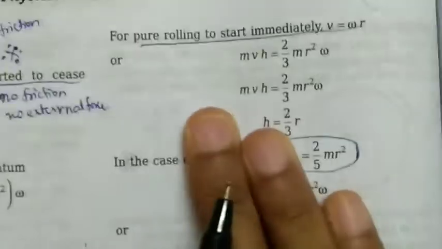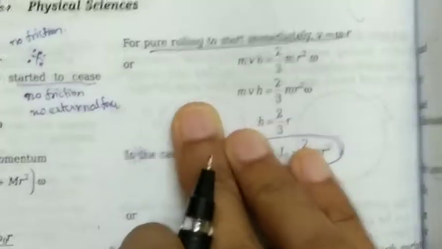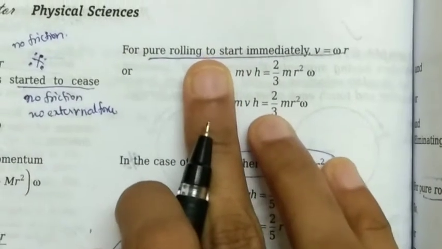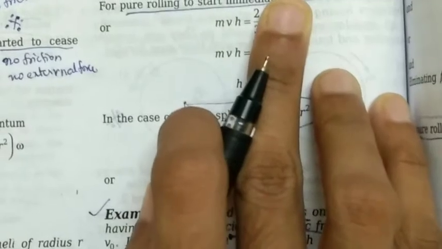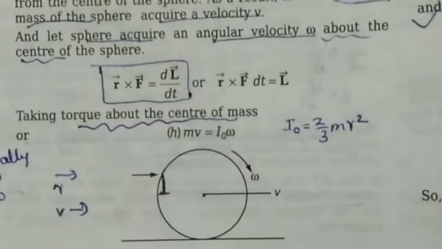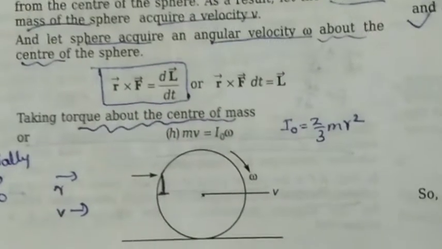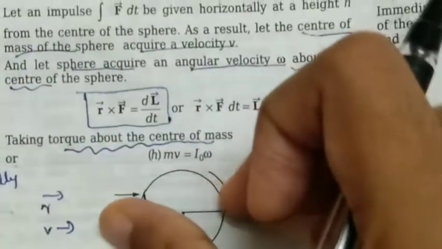Next thing is, for pure rolling to start immediately, v is equal to r omega. What we are saying is, if there is a pure rolling motion, how much it is rolling matters.